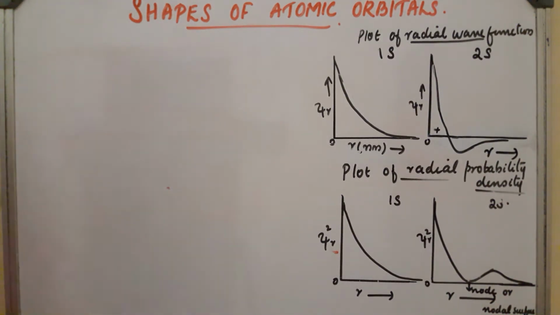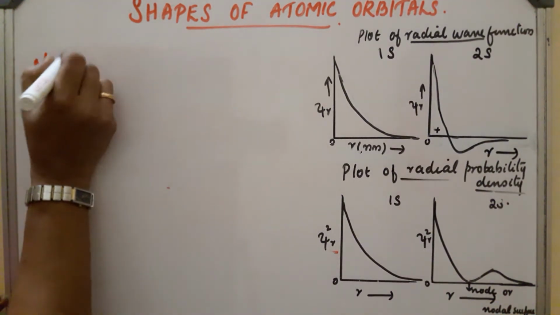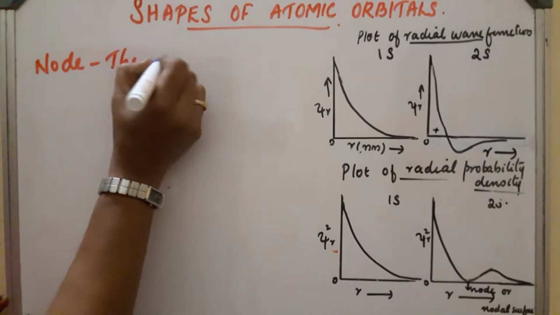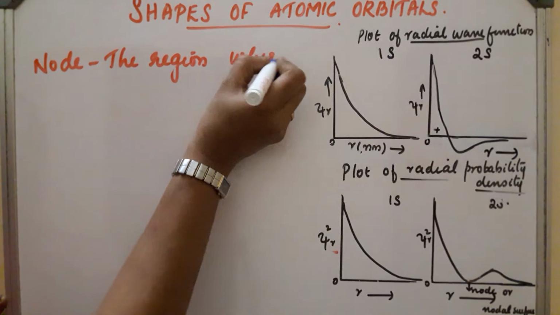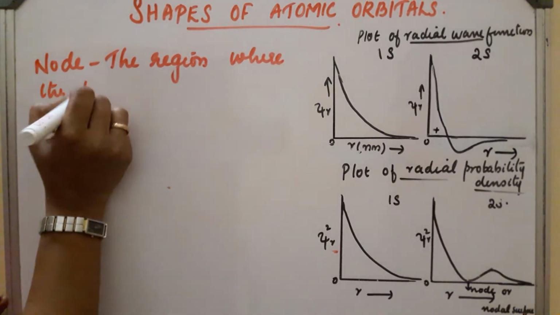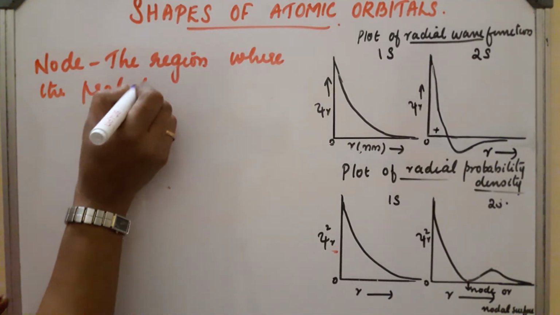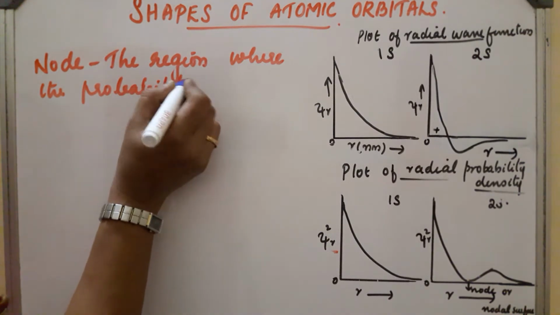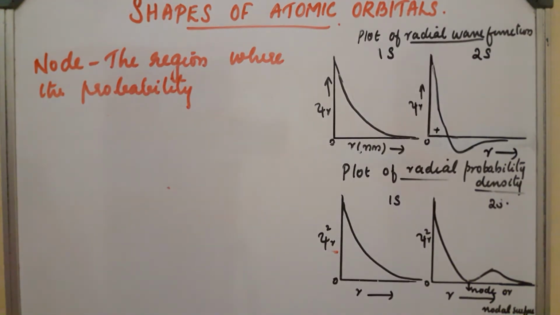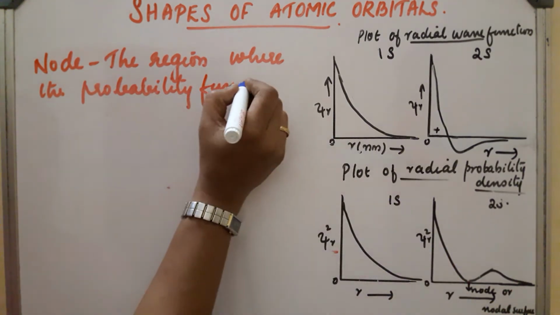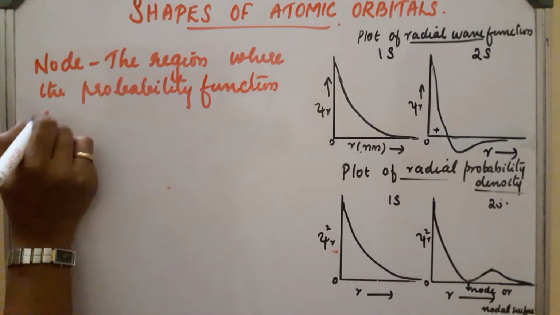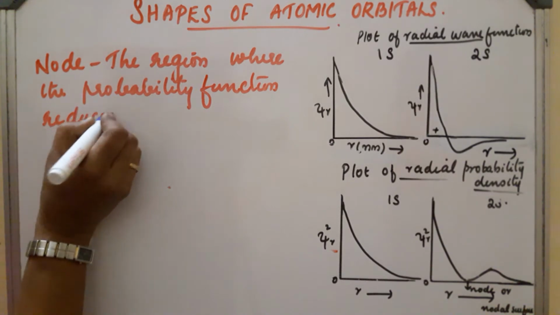So, what is meant by a node? Node means the region where the probability function, that is psi r square, reduces to 0.